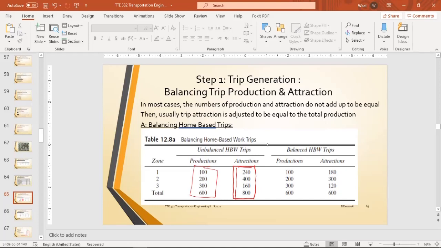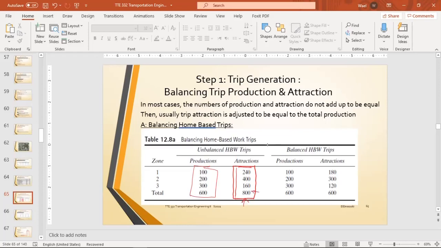No, Doctor, what's going to drop is the number of trips, but the attraction will still be the same. It's not going to drop, right? So the attraction is basically a trip opportunity, but it will not necessarily occur.